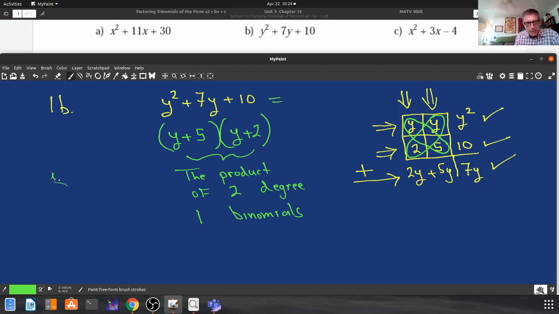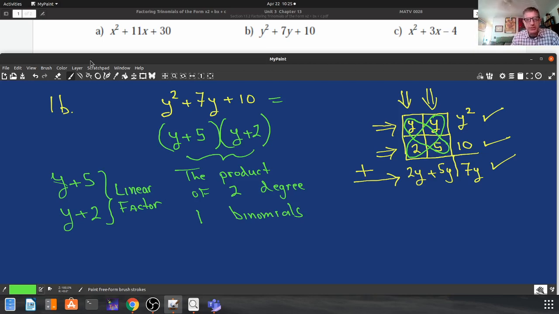So y plus 5 is a degree 1 polynomial in the variable y. Y plus 2 is a degree 1 polynomial in the variable y. As a matter of fact, these are called linear factors. That's another name for degree 1 polynomials.